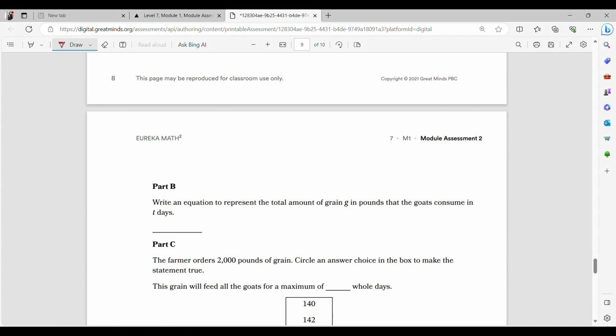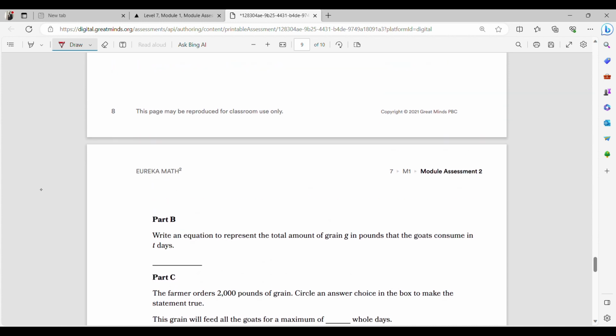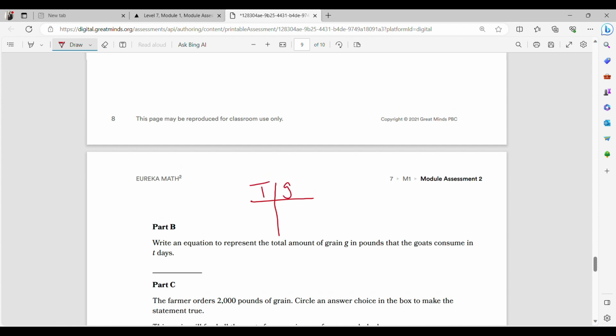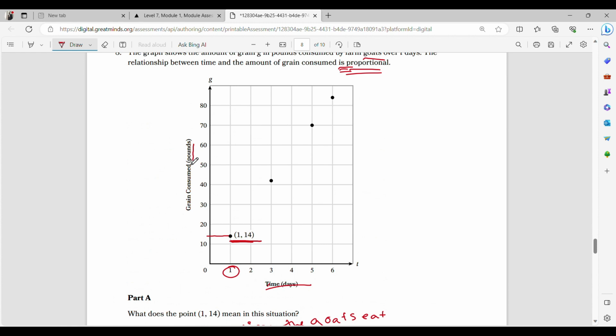That's what that means. Right, an equation to represent the total amount of grain, G, in pounds that the goats consume in T days. Alright, pretty easy. We usually do X and Y, but it's going to be T and G. How do I know? T is our X. This is our X axis, so that's T. This is our Y axis.